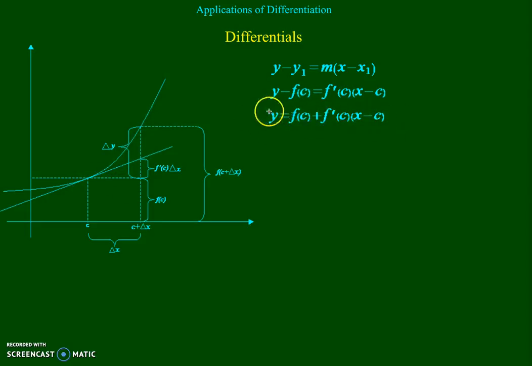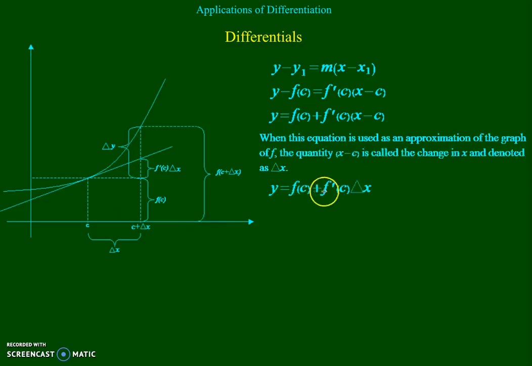Now, when this equation is used as an approximation to the function at some point, this quantity x minus c becomes what we're going to call delta x. That is, the change in x from c to some other point x in the local vicinity of c.